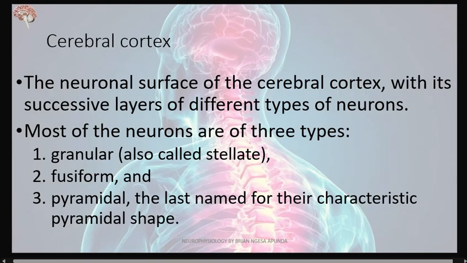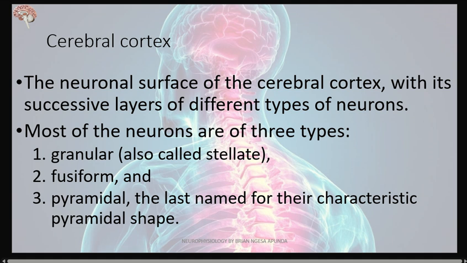But what you just need to know is that when you talk of the cerebral cortex, this is a part of the brain where cells are normally arranged in layers, so that we have up to around 6 layers in the cerebral cortex.